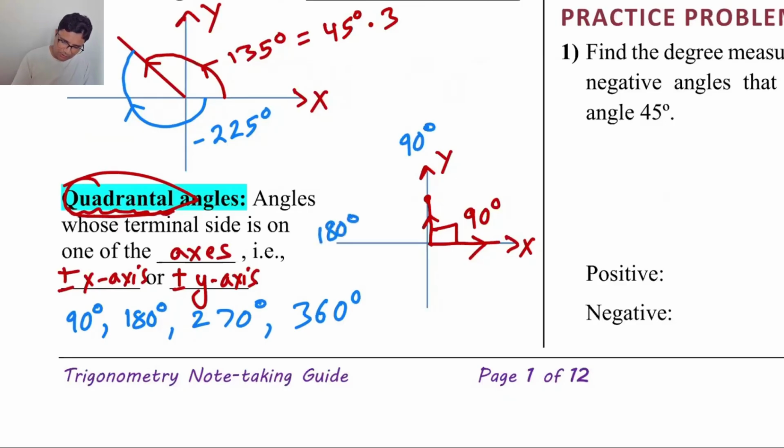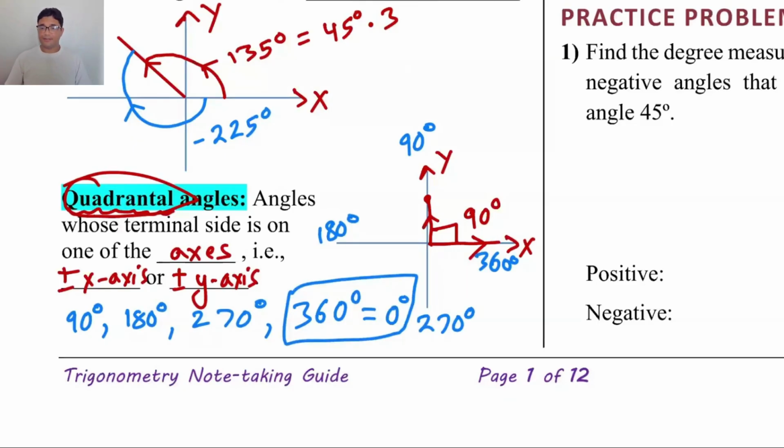This is measured counterclockwise. 270 degrees, and back here that will be 360 degrees, which is the same as 0 degrees by the way. Another concept we will be talking about in detail later also. Okay, these are the quadrantal angles.